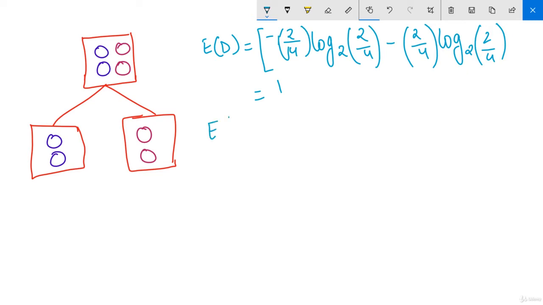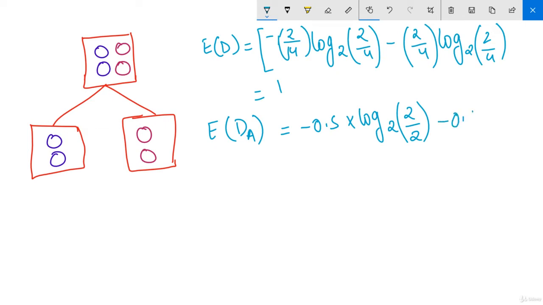And then after splitting, we have entropy EDA, which is minus 0.5 into log 2 of 1 by 2, minus 0.5 log 2 of 2 by 2.